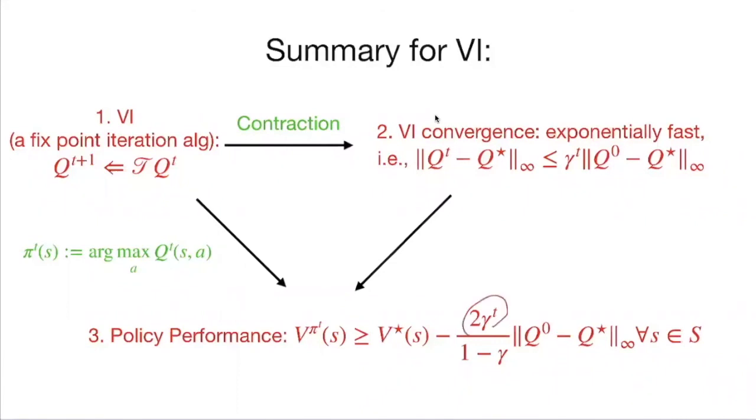And this approaches 0 as t approaches infinity, which means that if I run this algorithm for infinitely many iterations, I am guaranteed to find an optimal policy. But from an approximation algorithm perspective, after maybe 100 iterations, my pi t is already very close to pi star in terms of comparing their values. So maybe I'm happy already, because all I want is an approximate solution.